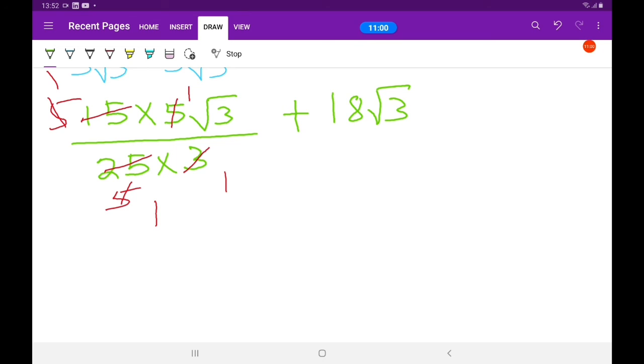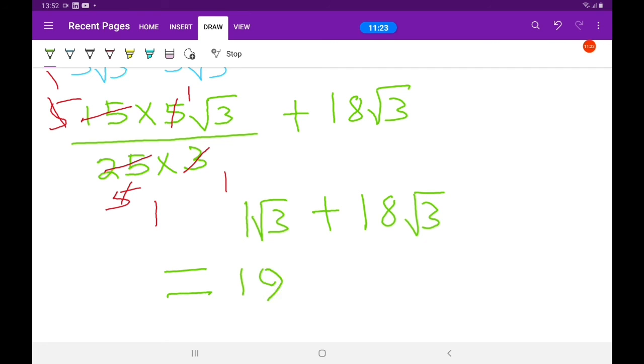Therefore, we have 1 root 3, remember that there is still root 3 here, plus 18 root 3. So 1 root 3 plus 18 root 3 will definitely give us 19 root 3.